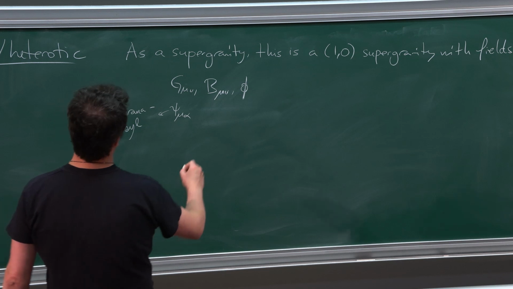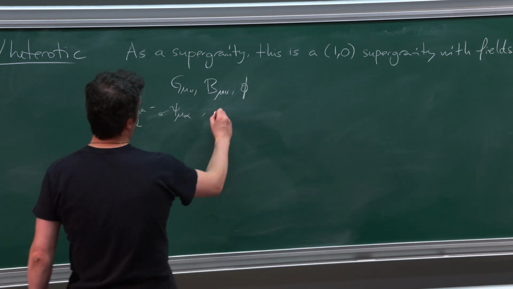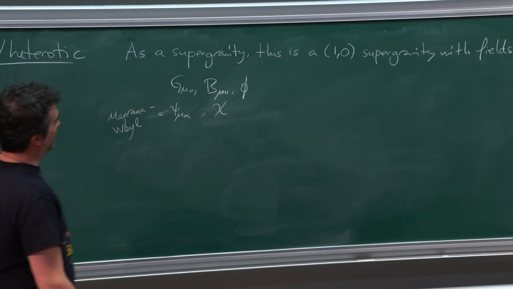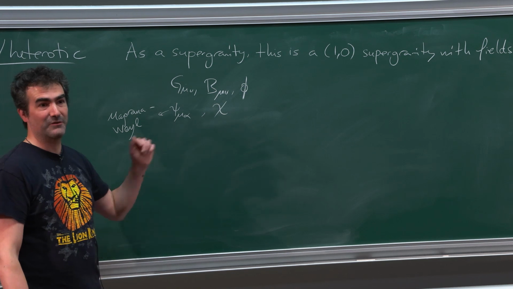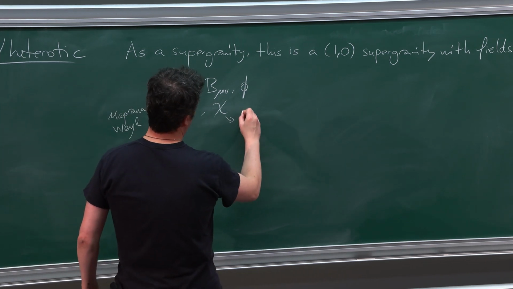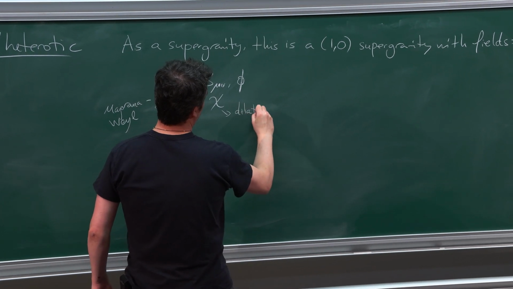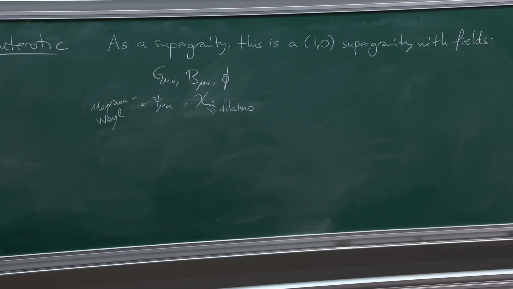There's a dilatino, as before. I think at this point in my notes, I regained my sanity and I called the dilatino something different from the gravitino. So it's going to be chi now. So this is the dilatino. And again, this is of opposite chirality.